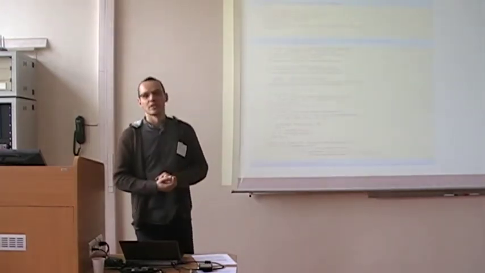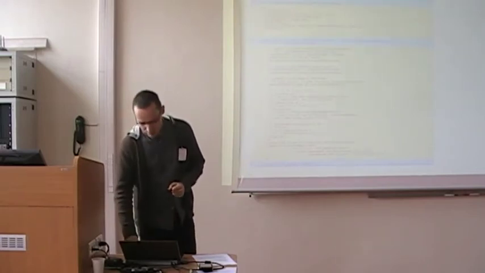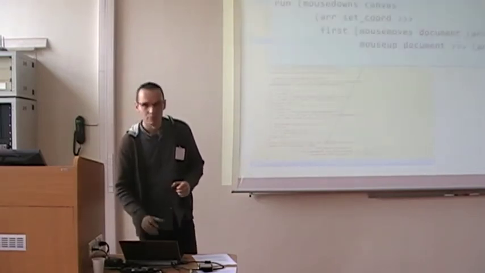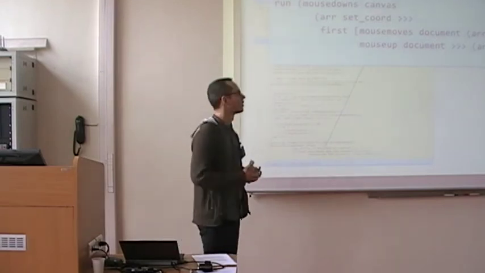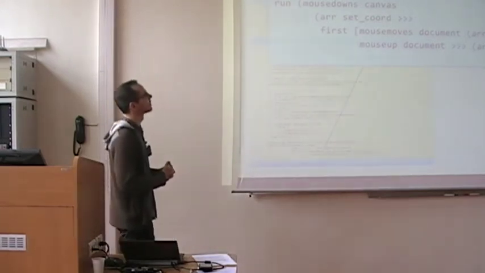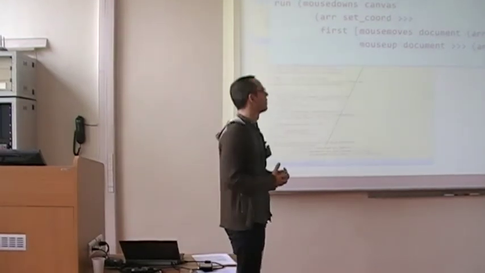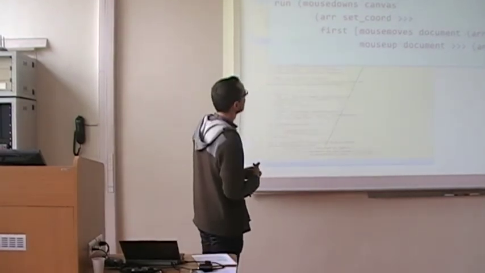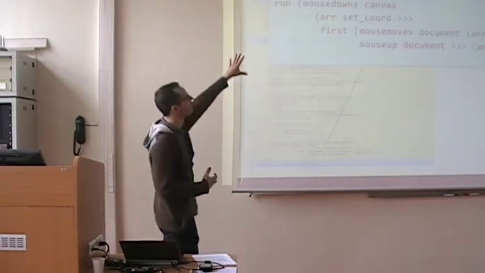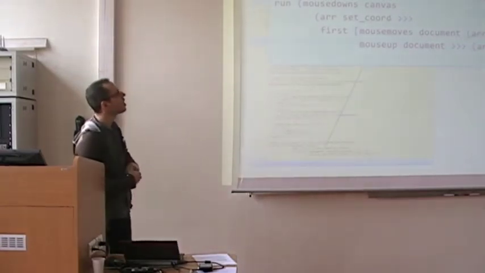But we have an experimental implementation of Eliom, which is much easier to use and much more concise, using arrows of functional programming. This is how we program the events in this application.